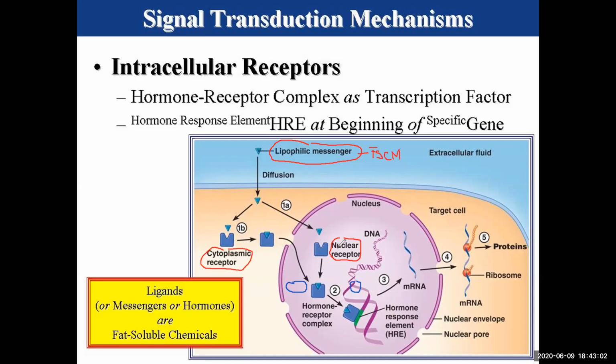So they have the receptor, they can bind to the receptor, and together, when they have the hormone receptor complex, they become extremely powerful.